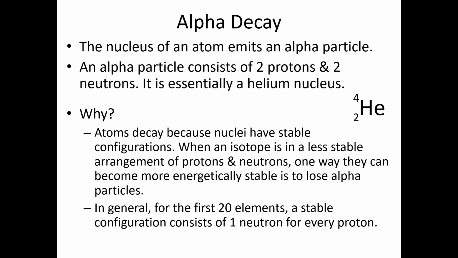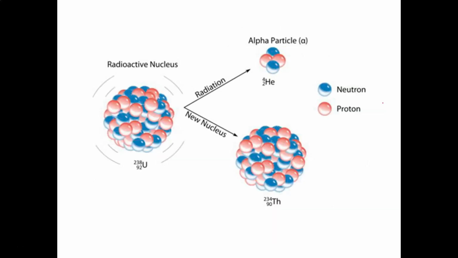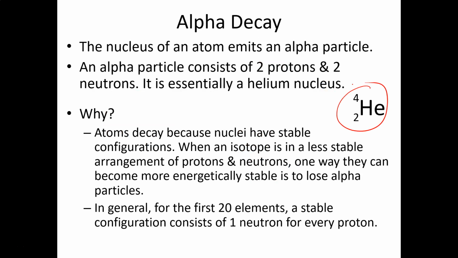So let's talk about alpha decay first. In alpha decay, the particle that's given off is basically a helium nucleus. It has 2 protons and 2 neutrons, and that's the particle that's given off. And so, notice we're not really paying attention to electrons here.